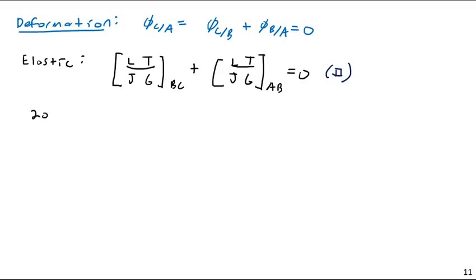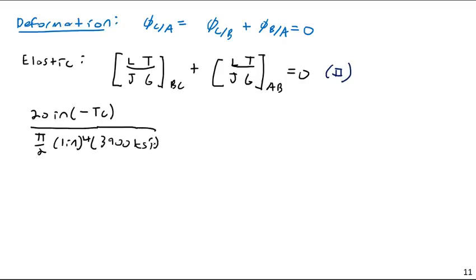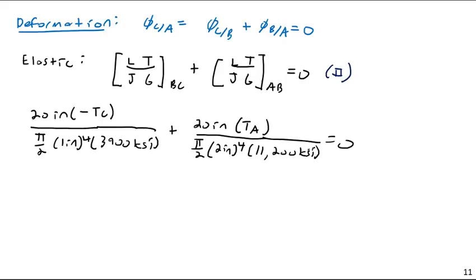So substituting in 20 inches times negative TC, which is also equal to negative 100 minus TA, over pi over 2 times 1 inch to the 4th times 3900 KSI, plus 20 inches times TA, just TA, not TAC or anything, over pi over 2 times 2 inches to the 4th power times 11,200 KSI, equals 0.